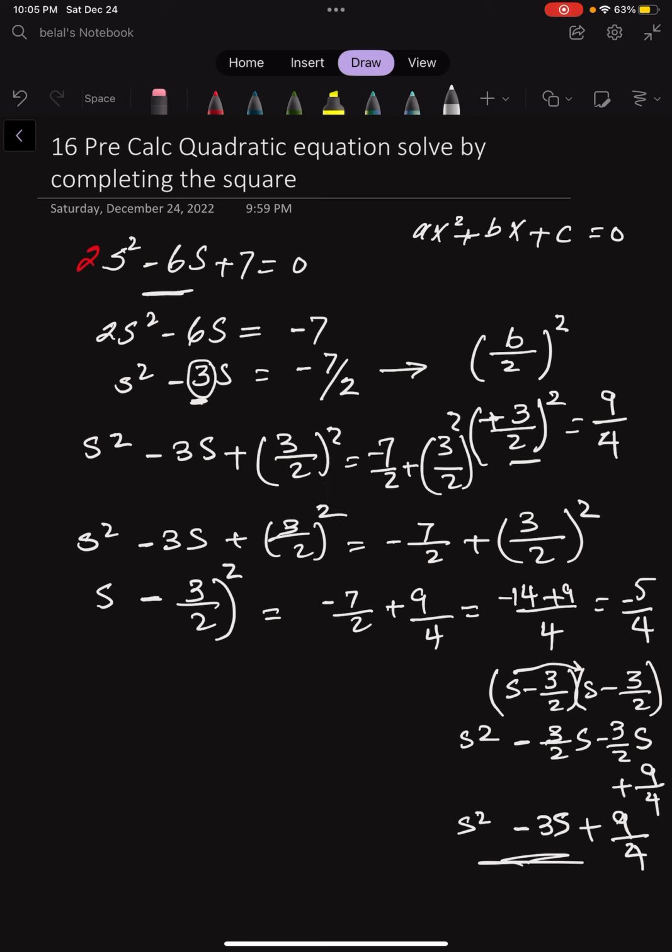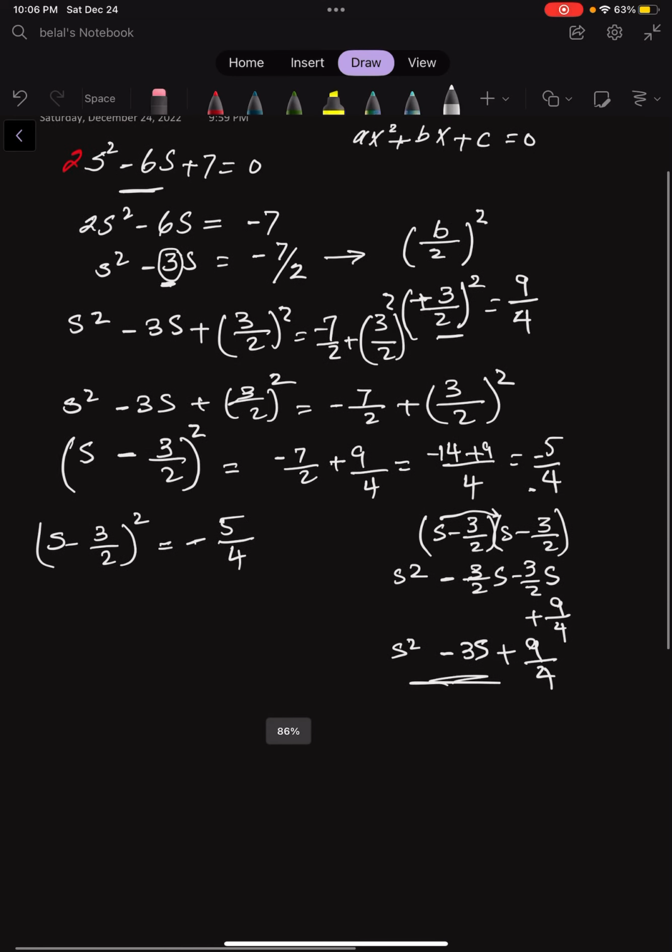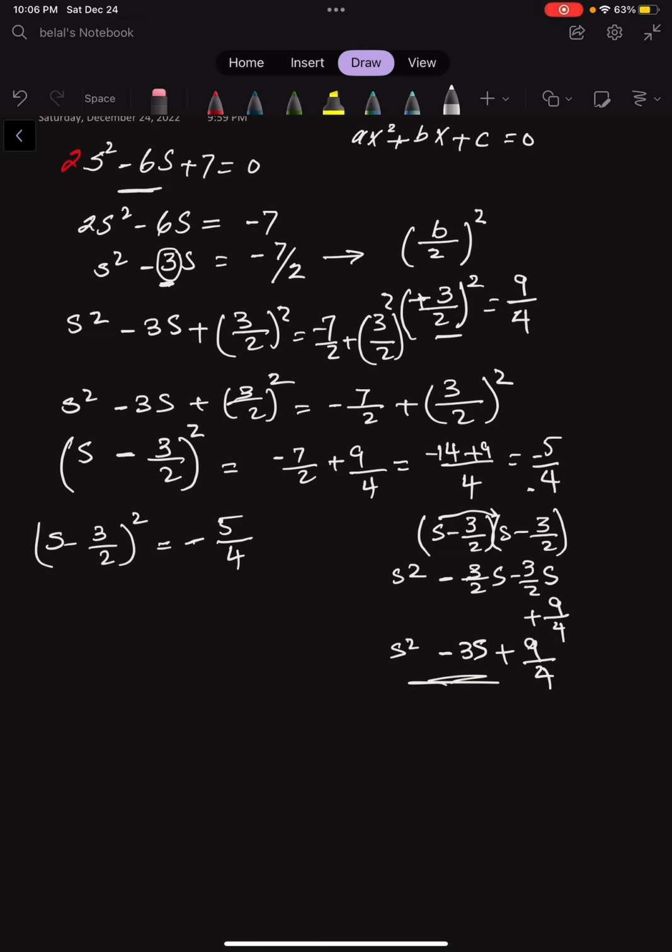So now we have s minus 3 over 2 squared equal to minus 5 over 4. This is what we got so far. Now we need to simplify this side.